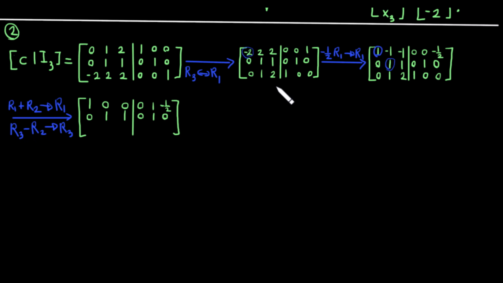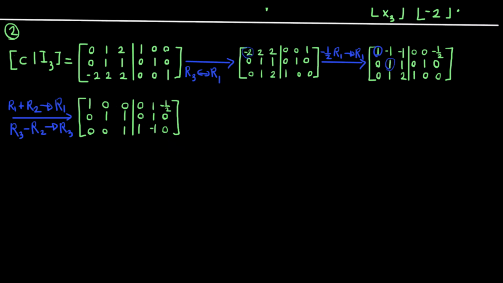Now row 3 minus row 2. So 0 minus 0 is 0, 1 minus 1 is 0, 2 minus 1 is 1, 1 minus 0 is 1, 0 minus 1 is negative 1, 0 minus 0 is 0.